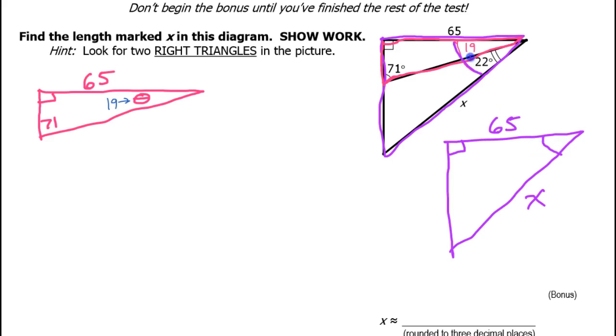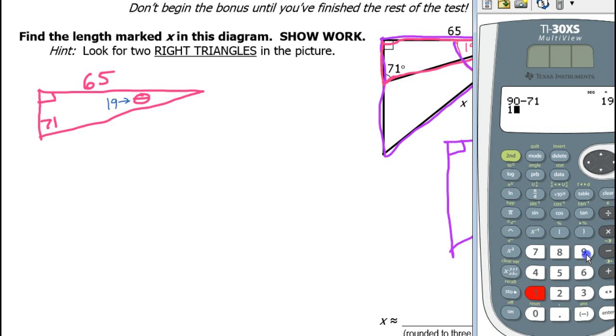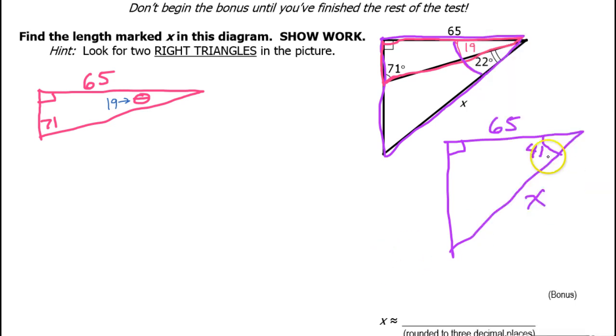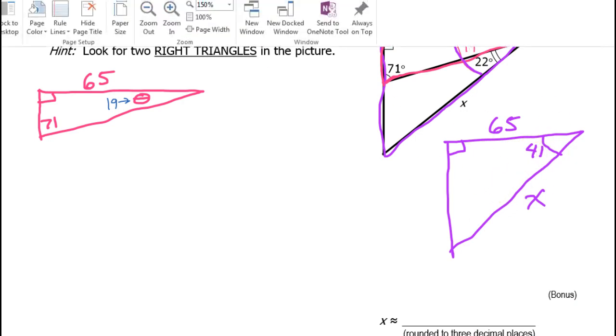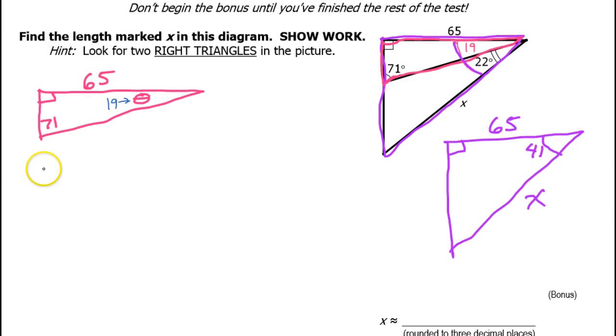So that's going to be 41, because 19 plus 22 is 41. So now that I know this 41, I can use my SOHCAHTOA skills.